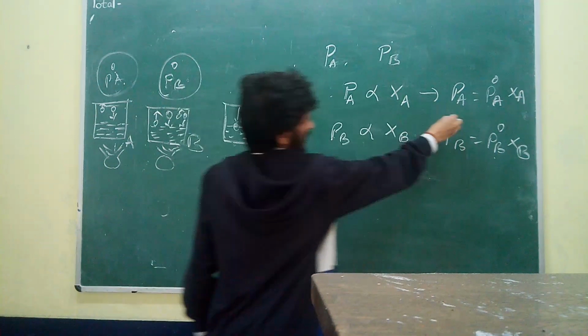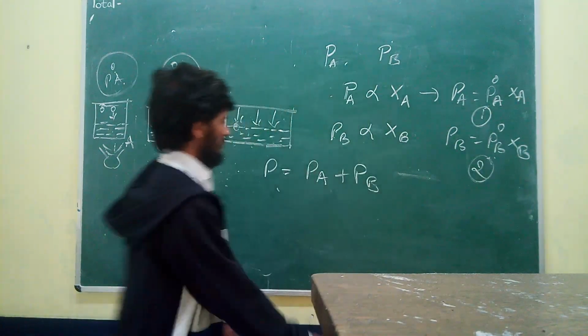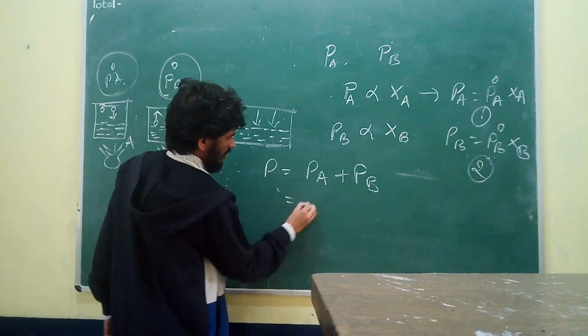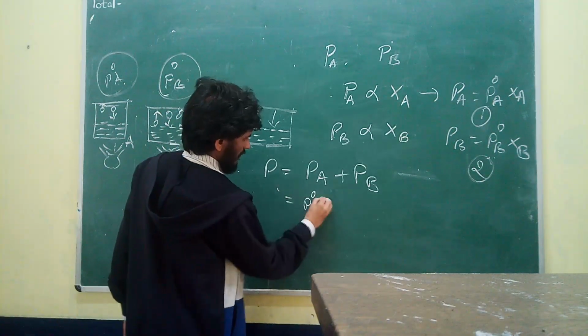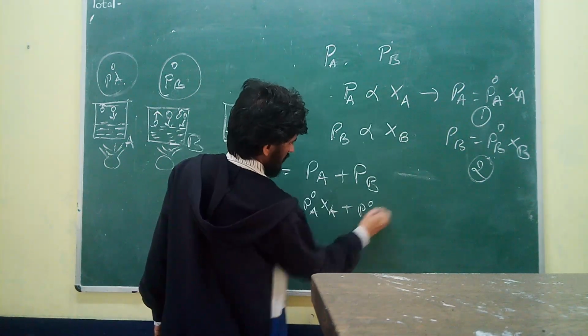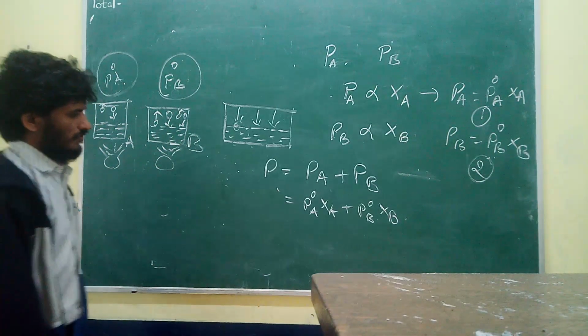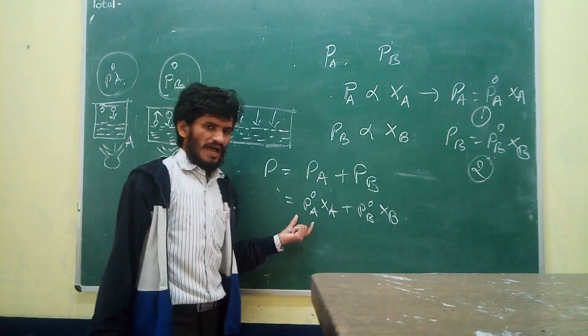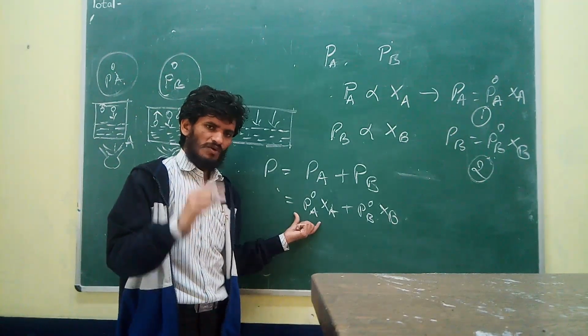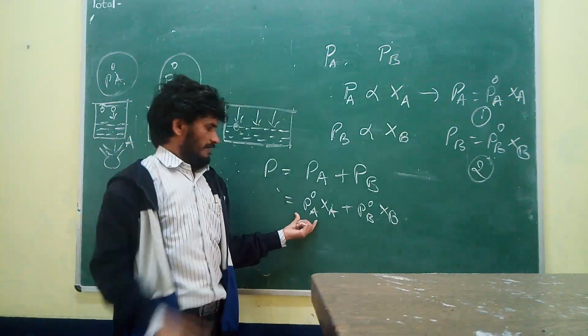This is 1 and this is 2. PA is equal to P naught A XA. PB is equal to P naught B XB. Understand? Now we are going to apply this for only one component and derive a linear equation.